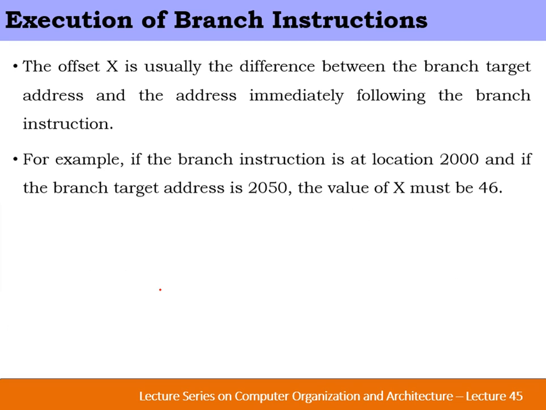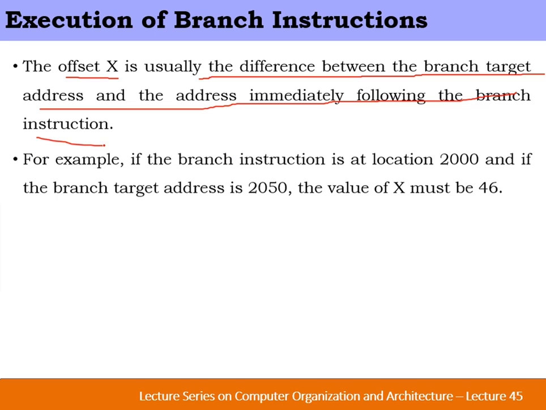Now the offset value, we are considering it as X, right? So what is this offset value? This offset X is actually the difference between the branch target address and the address immediately following the branch instruction.